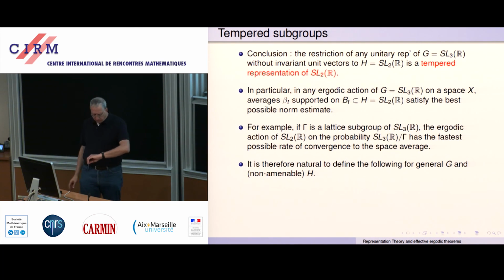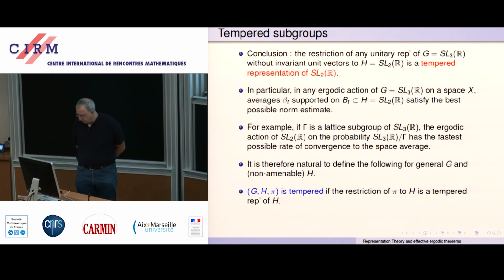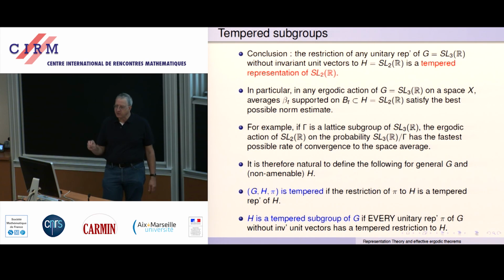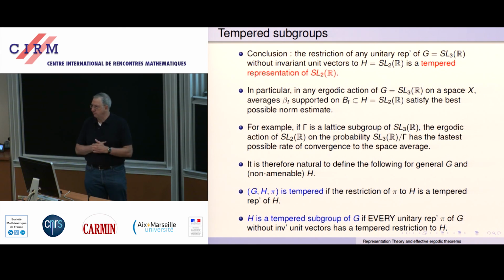So it's therefore natural to define the following for general G and non-amenable H. First we define that pi is tempered on H if the restriction of pi to H is a tempered representation of H. And then we define H to be a tempered subgroup of G if every unitary representation pi of G without invariant unit vectors has a tempered restriction to H. If you were to define this in the abstract, it would seem like an absurd definition, because how could you possibly make that happen?